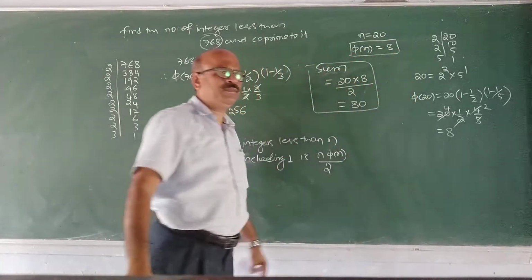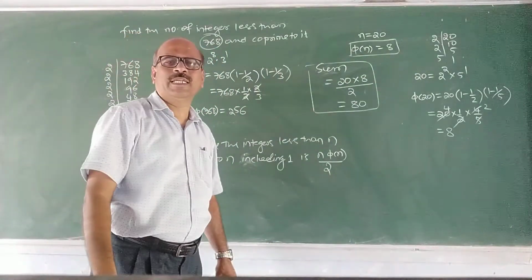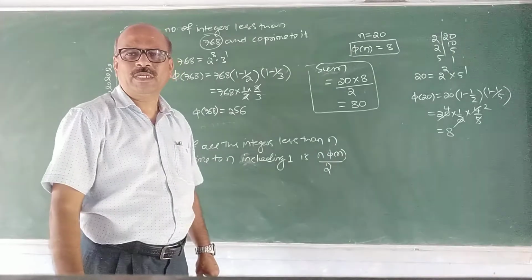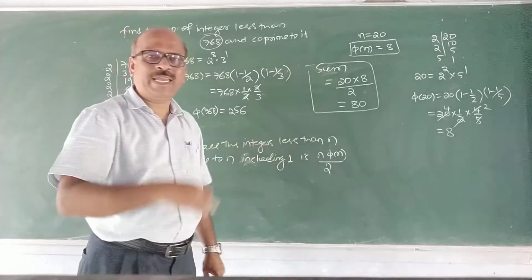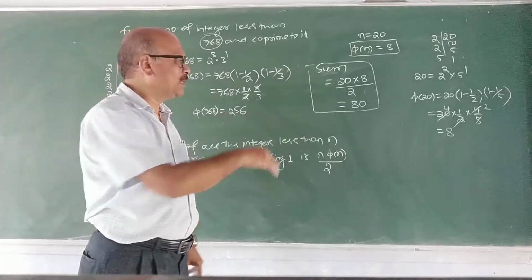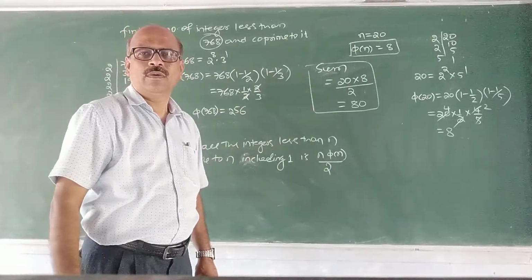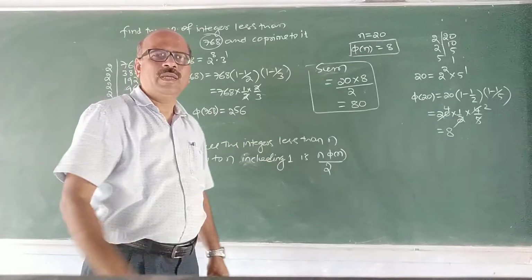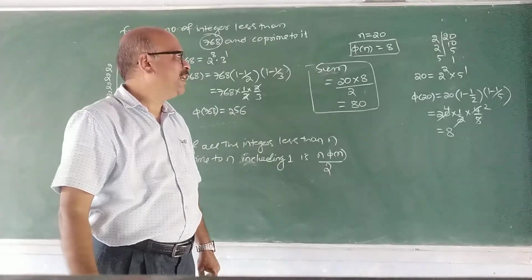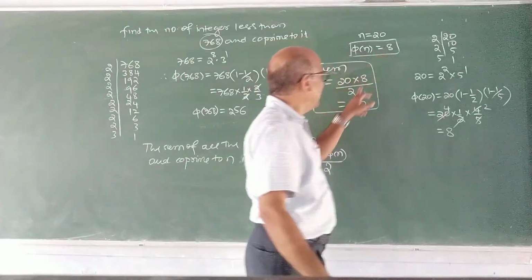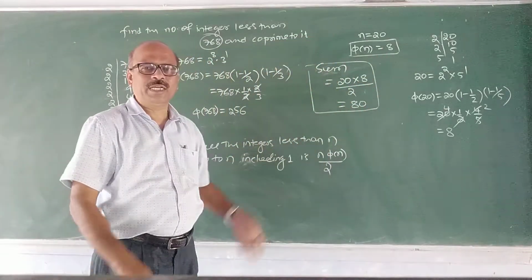How many are there? 8 integers are there less than 20 which are co-prime to 20. What is their sum? The sum is 80. See, we have not listed the values. We have not listed integers which are less than 20 co-prime to 20. But we have obtained how many are there and also what is the total sum of that.